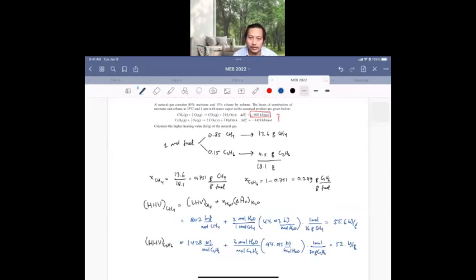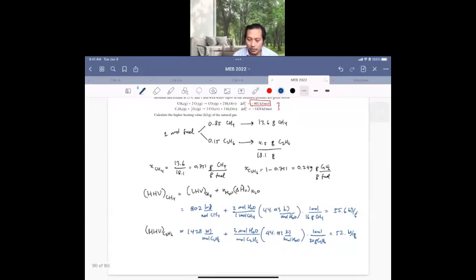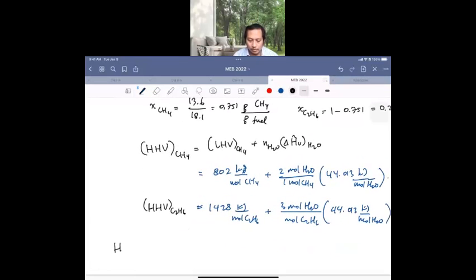And for the total of the mixture, we are going to use the mass fractions for each component. So this is methane and this is ethane.